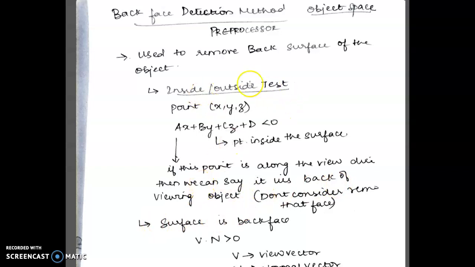So if the point is actually inside, then we will not be able to see the point. You understand this concept. If I see the surface and consider a point that is inside the surface, we will not be able to see the point if the object is opaque. So at that time we should not consider it, and we remove that face. Okay, so that is a back face.